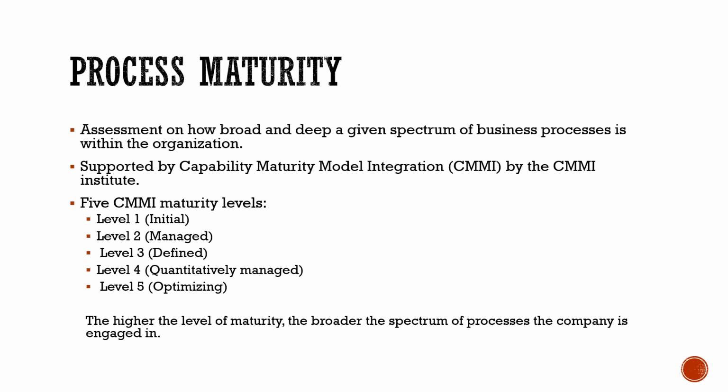The higher the level of maturity, the broader the spectrum of processes the company is engaged in, and the higher the level of sophistication of an individual process, ranging from generic to specific practices. The five CMMI maturity levels are level 1, which is initial, level 2, which is managed, level 3, which is defined, level 4, which is quantitatively managed, and level 5, which is optimizing.